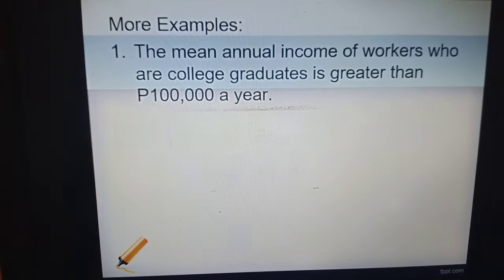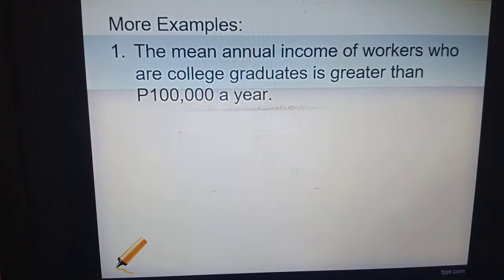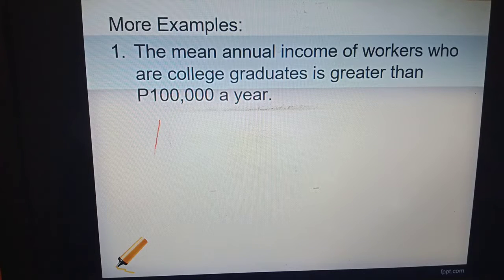The mean annual income of workers who are college graduates is greater than 100,000 a year. So, paano natin ma-develop or ma-identify yung null hypothesis? H sub 0, semicolon. Ganito ang pag-develop o pag-identify, mu.